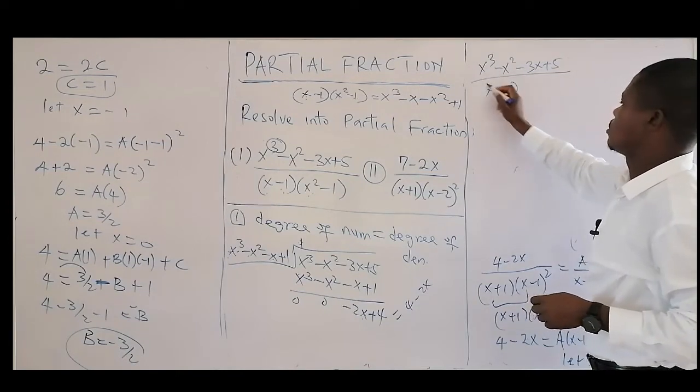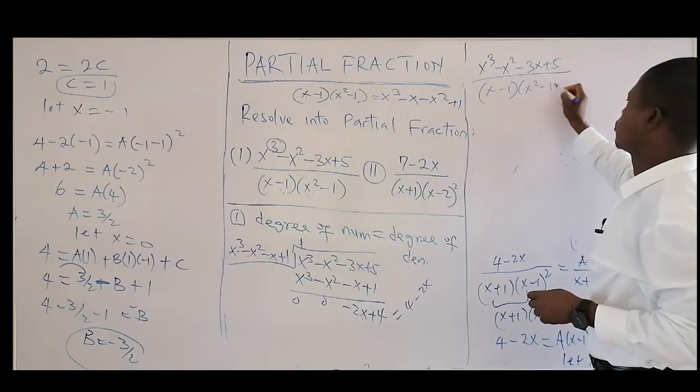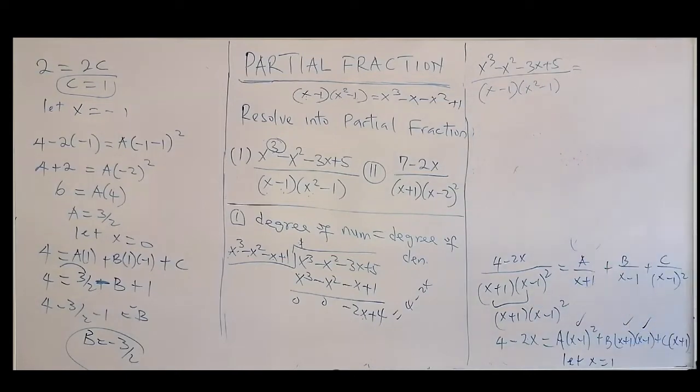x minus 1 into bracket x squared minus 1 equal to 1 plus a over this. Our a is what? What do you get for a? 3 over 2 over x plus 1, then plus b.